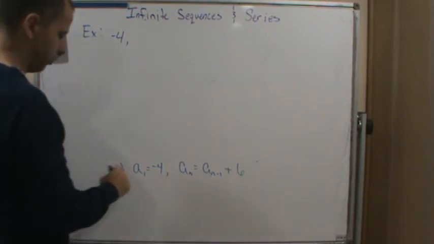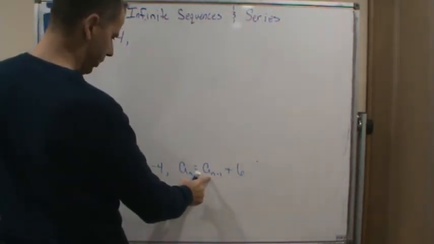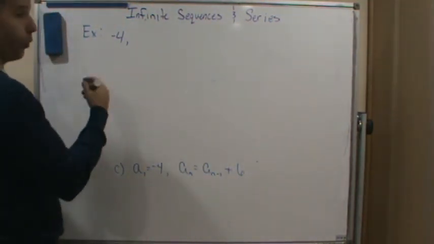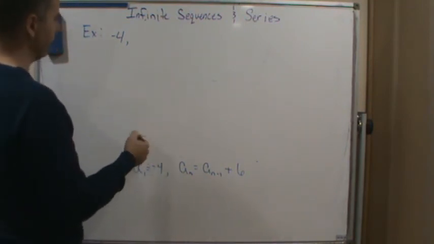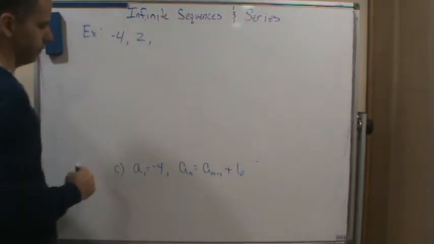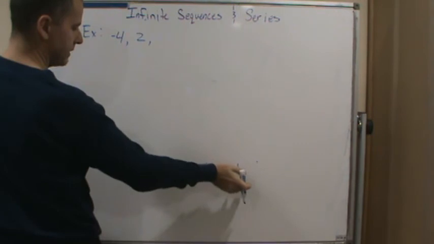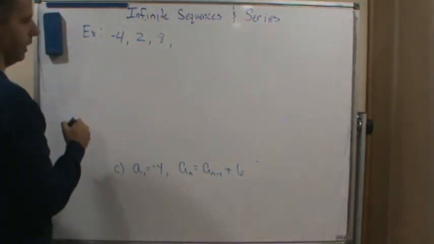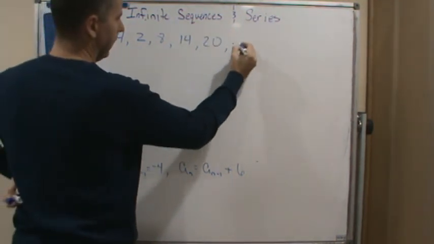And then we've got what? Or excuse me, negative 4 plus 6 is 2. And then the next term is going to be 2 plus 6, which is 8. And then 8 plus 6 is 14, and then 20, and so on.